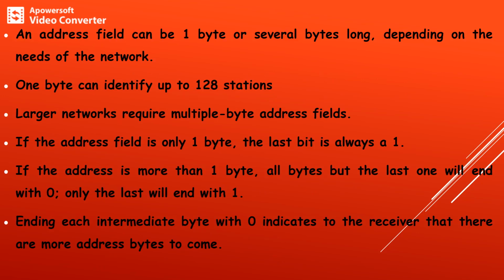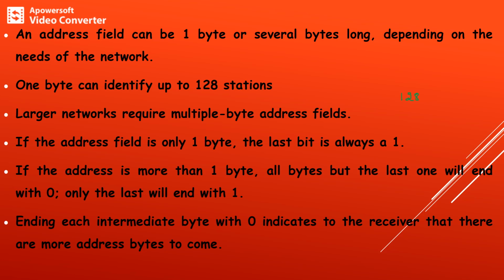An address field can be either 1 byte or several bytes long depending upon the size of the network. 1 byte can identify around 128 stations. So a larger network requires a multiple-byte address field.